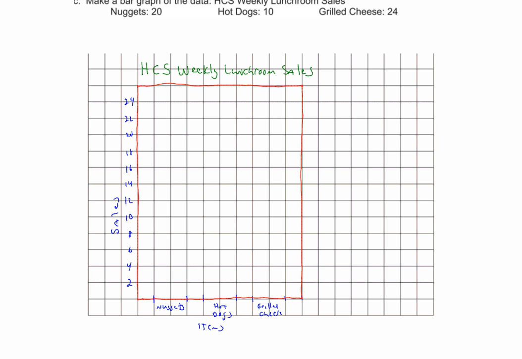And now it's just left to making the bars, right? And again, you can be colorful if you want. I like to mark the top of the bar first. And then again, I would use a straight edge and fill in the bar. I'm going to use sideways lines. If you're a color nut and you like the color, you can color it in, but that is time consuming.